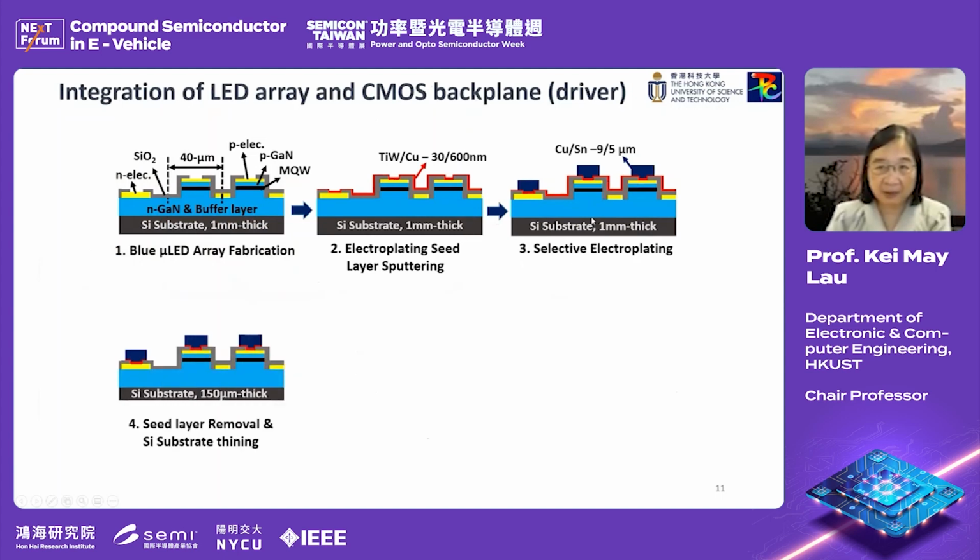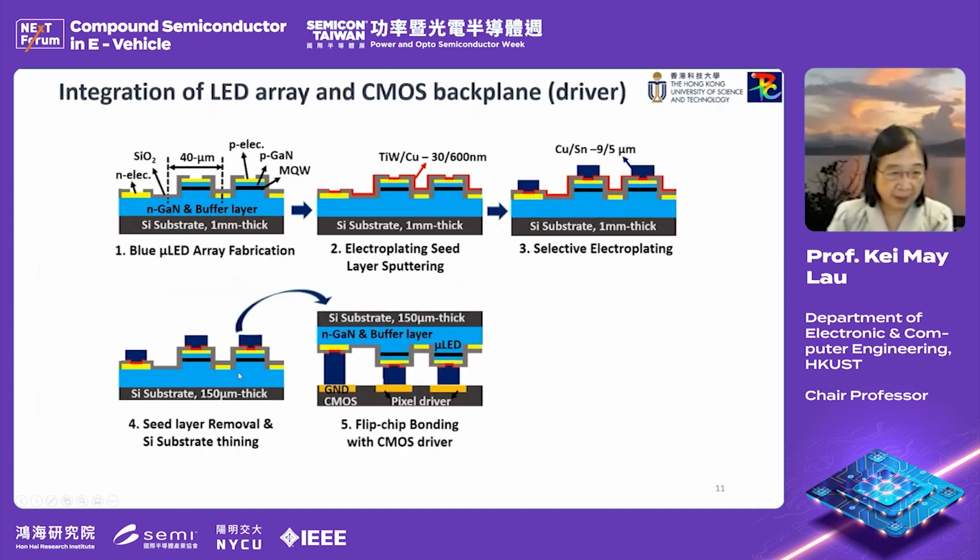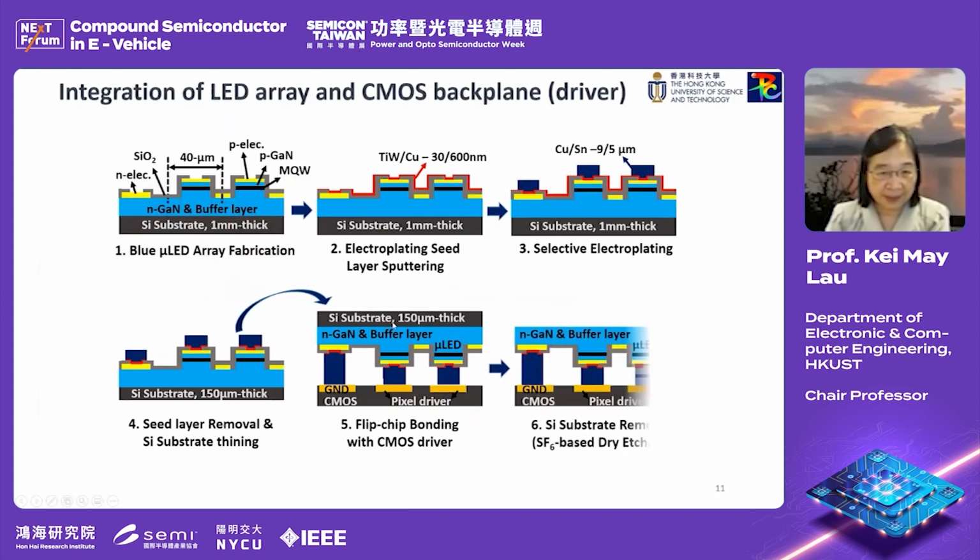Then you do selective electroplating for the bonding, and after that you bond it to a CMOS driver. Then you can remove the silicon substrate it was grown on, using dry etching or a combination of dry etching and wet etching.